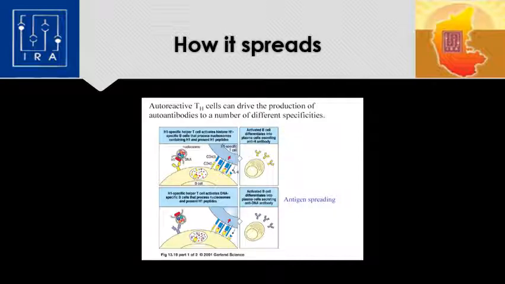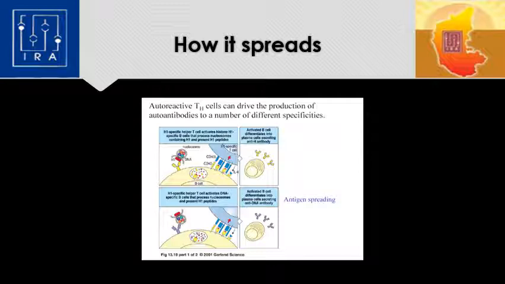Once one antigen or one protein in the self gets identified, slowly it can step into more and more proteins. What I mean is, for example, it identifies protein A or, say, dsDNA. Next, it can identify single strand DNA. Next, it can identify a protein adjacent to that.